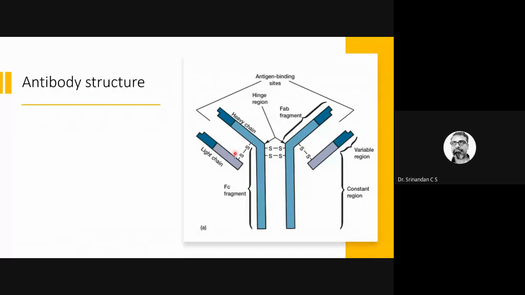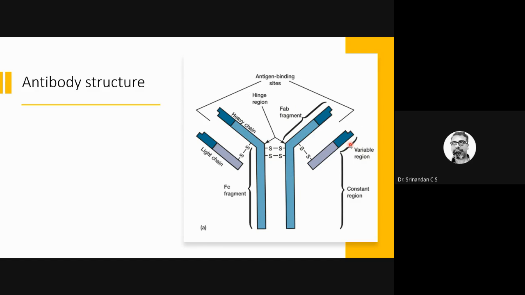The one which is long is called the heavy chain, and this small one is called a light chain. These two are bound by disulfide bridges, and the two heavy chains are also bound by disulfide bridges. But the exterior, which binds to antigen, is highly variable. So the DNA also will vary in this.